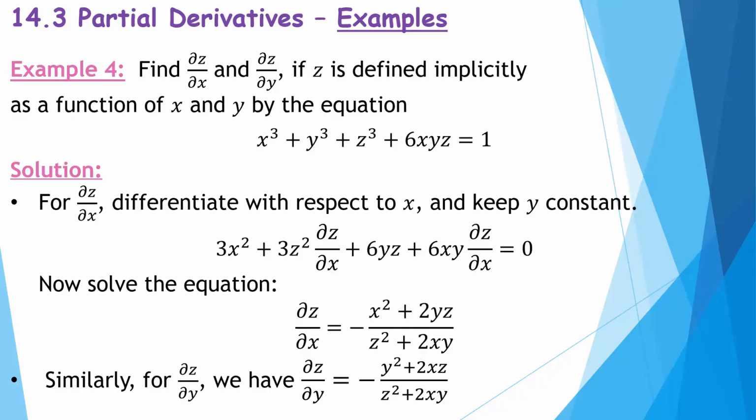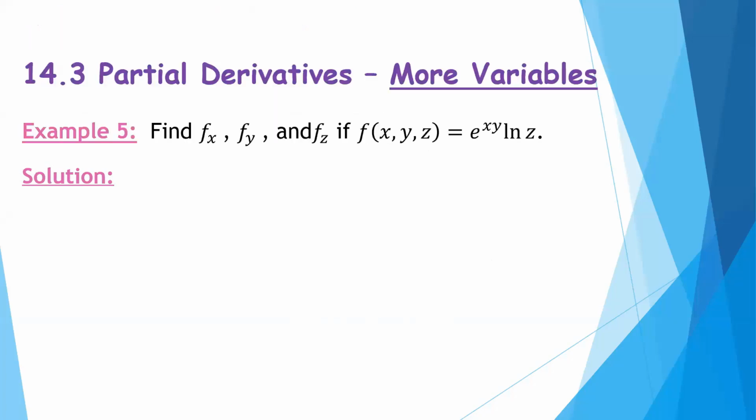Okay, so this is the basics of partial derivatives. This is for two variables. What we have said for two variables is valid for any number of variables. So if we have more variables, for example, here we have a function of three variables, x, y, z. It's exponential x times y, times ln z.